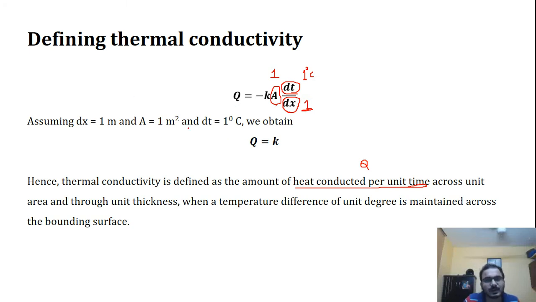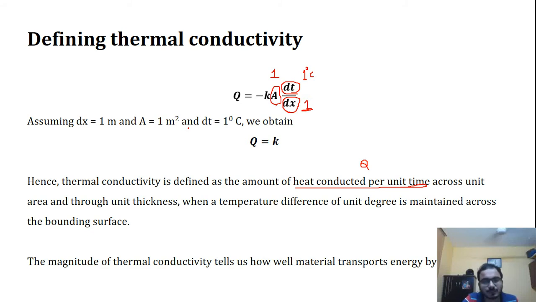So this is the way we can define the thermal conductivity. And the magnitude of thermal conductivity tells us how well a material transports energy by conduction.